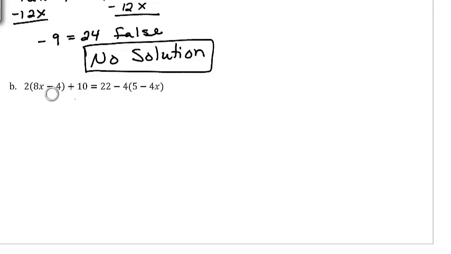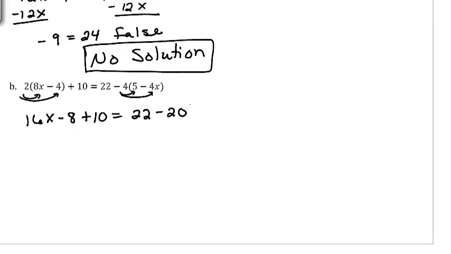Now this time we have to simplify on both sides of our equation. We're going to distribute the 2 on the left and distribute the negative 4 here on the right. So 2 times 8x is 16x, and 2 times negative 4 is negative 8, and then we have plus 10 equals 22, and then negative 4 times 5 is negative 20, and negative 4 times negative 4x is plus 16x.